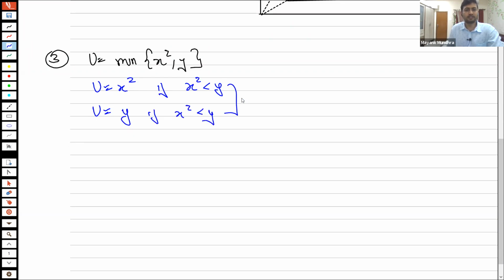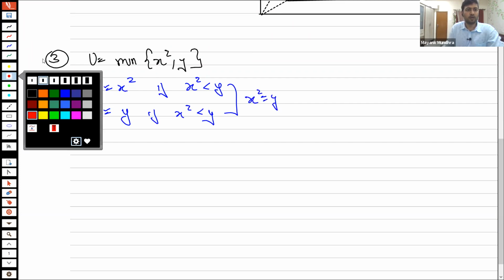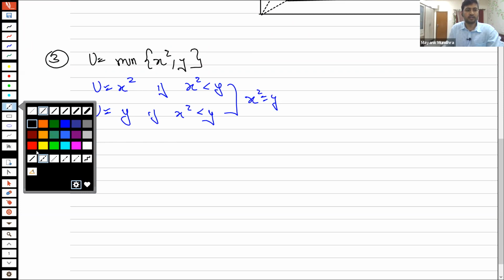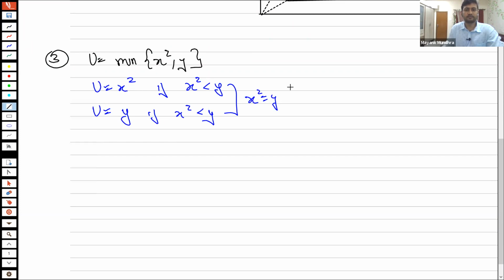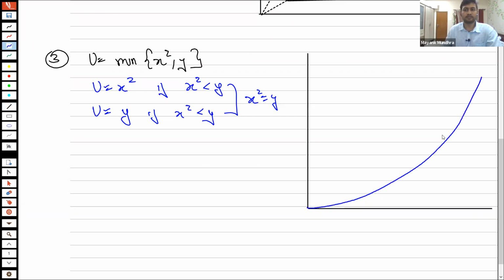So based on this, the dividing line is going to be x square equal to y. So now I need to draw the x square equals to y line first. So y equals to x square basically looks like this, right? So this is your y equals to x square.